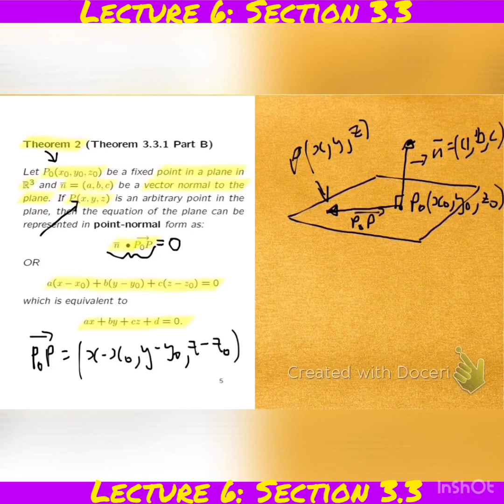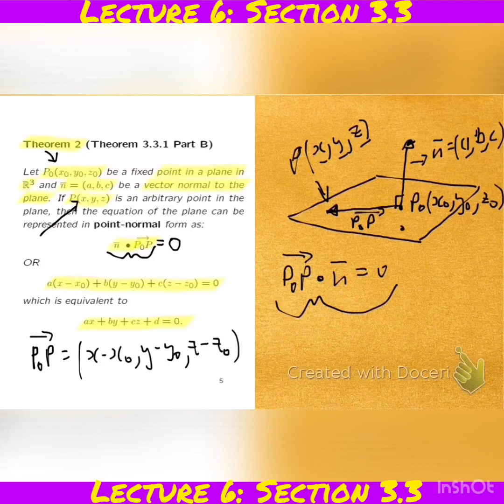Now you want all x's, y's, and z's such that if you work the vector P0P out, the dot product of P0P with the normal vector is going to be 0. And any x, y, z that satisfies this equation is going to be a point on the plane.